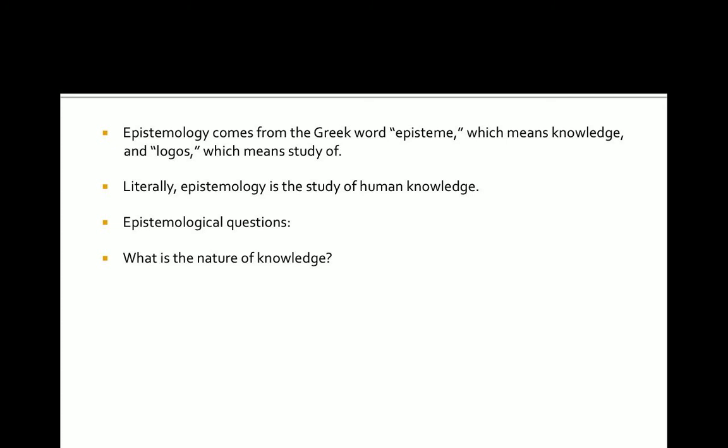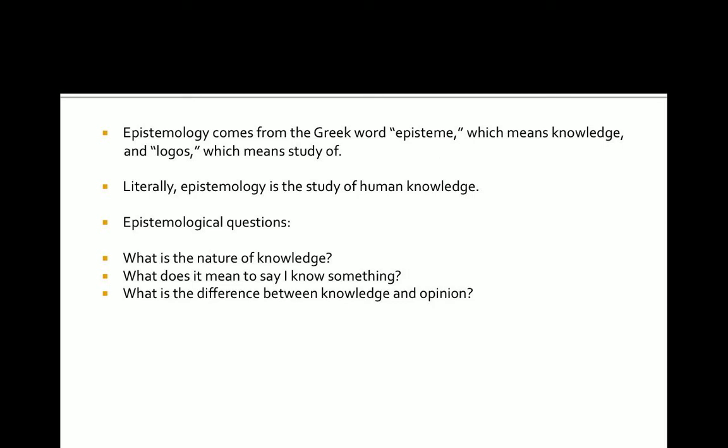This is a matter of understanding what knowledge is. And as philosophers, we want to be able to distinguish between knowledge and opinion. Right? When can we be confident that we really have knowledge as opposed to opinion? Or what does it mean to say that I know something? Or again, what's the difference between knowledge and opinion?